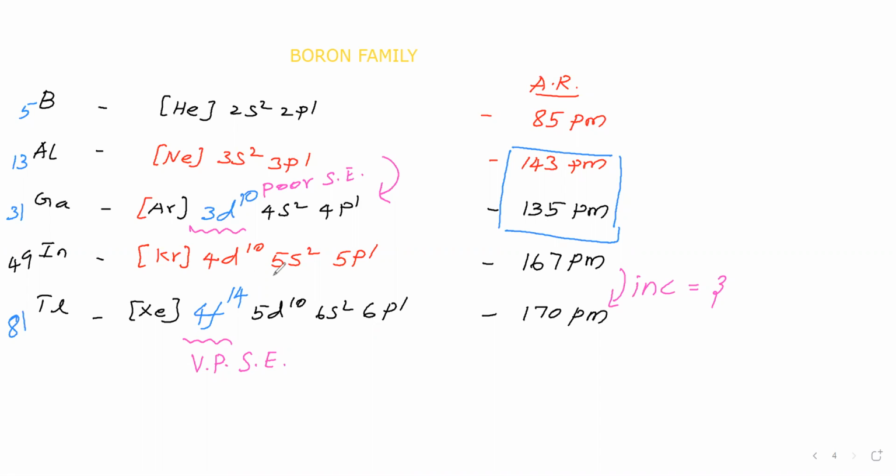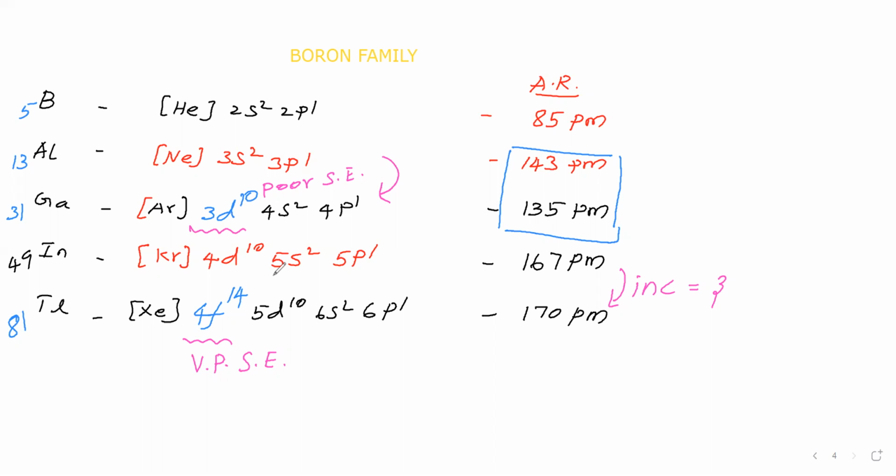Next we have to go for ionic radius. For going for ionic radius, first we have to see oxidation states. First we have to see oxidation states of boron family elements. What are the common oxidation states?